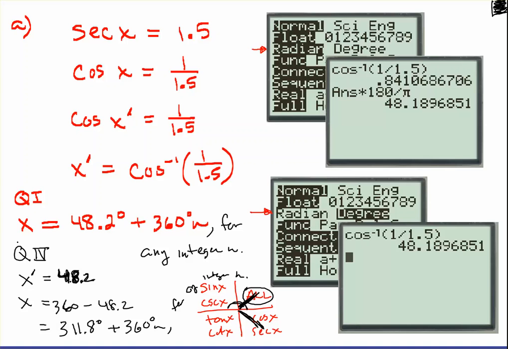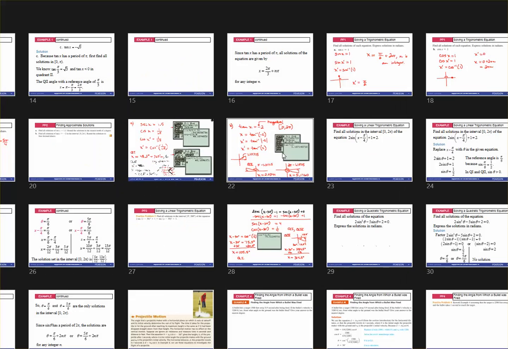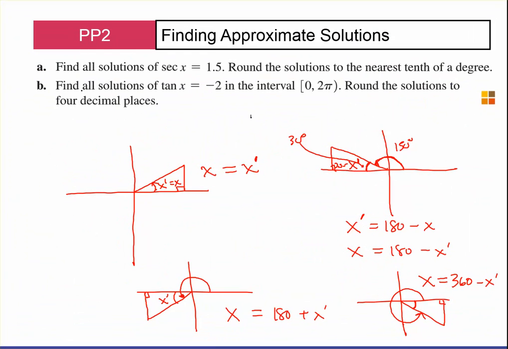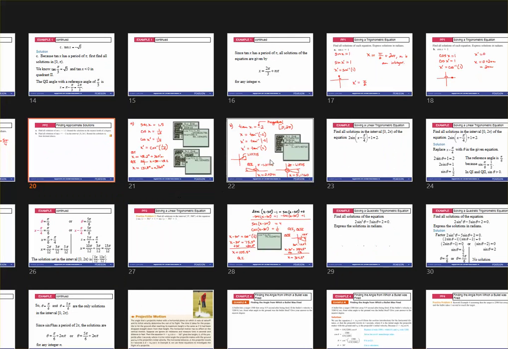Okay, part B. Let me go back to what it says to do first of all. It says find all solutions of tangent of x is equal to -2 in the interval 0 to 2 pi. So we're going to go one full revolution. I've got to figure out where those are. Round to 4 decimal places. So let's jump to it here.